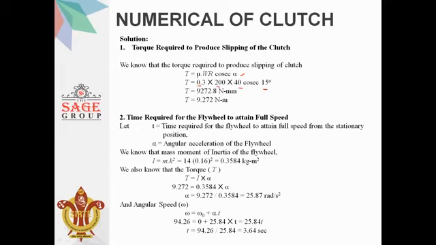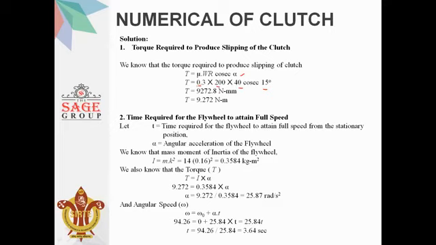Now we also know that the torque transmitted by the flywheel T is equal to I into alpha. That means moment of inertia into angular acceleration. We know that the torque we have identified earlier. So 9.272 into moment of inertia we have already identified, 0.3584 into alpha.